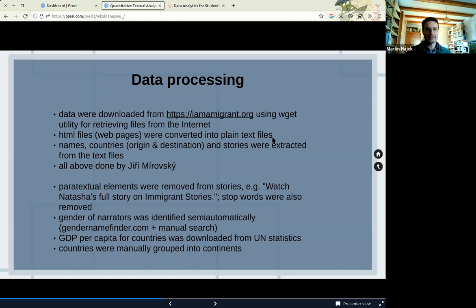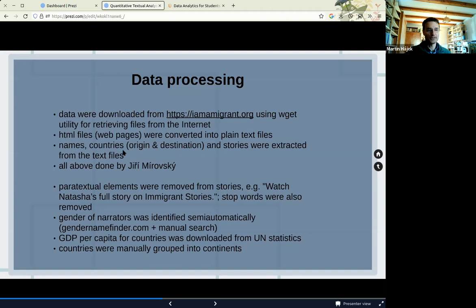Still, in these text files, you have many different types of textual elements, and you keep just names of migrants to identify them, because there is no ID, only names.